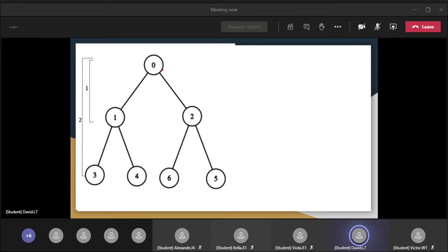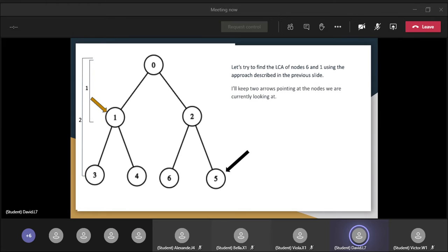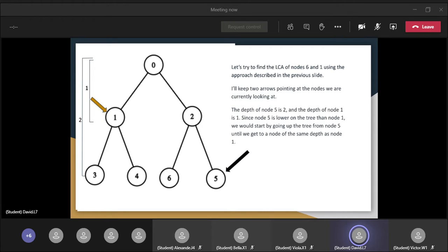So this is a quick illustration. We keep 2 pointers at the 2 nodes that we're currently looking at. So we want to find the LCA of node 5 and node 1. The depth of node 5 is 2, and the depth of node 1 is 1. Since node 5 is the one with the greater depth, it's lower on the tree, the first thing we would do is go up the tree from node 5 until we get to a node of the same depth as node 1.